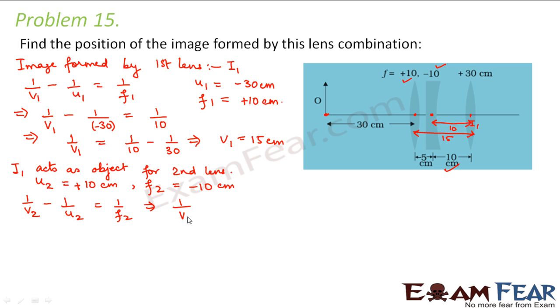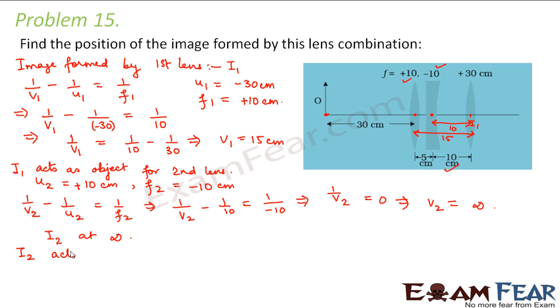So 1 by V2 minus 1 by 10 is equal to 1 by minus 10. This gives the value of 1 by V2 as 0, or V2 comes out to be infinity. That means the image formed by the second lens is at infinity. So I2 is formed at infinity.